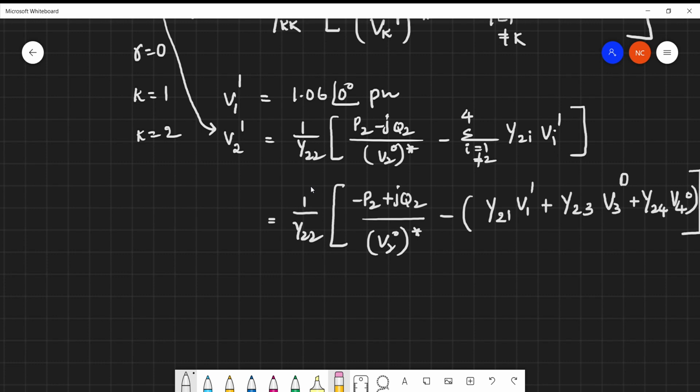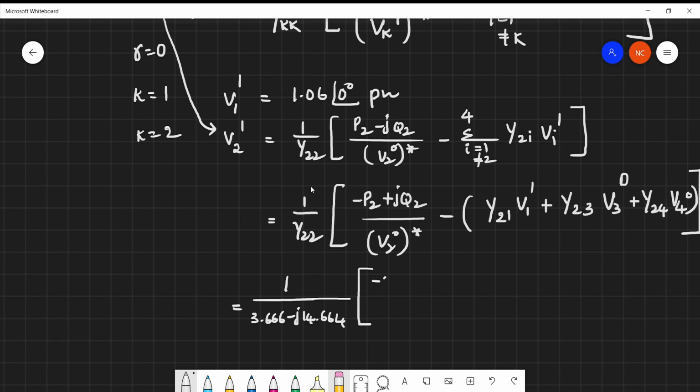Okay, and this Y22 will be obtained. So for the first calculation I will be writing the values. This Y22 is 3.666 minus j14.664. Okay, this is Y22 from your Y bus. And from table 2 it is very clear that the P2 value is 0.5.